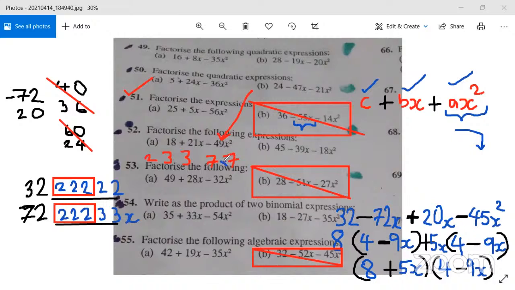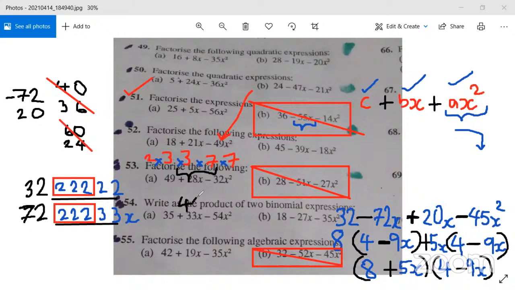So how difficult would it be to find out what gives us this positive 21 right here? Wow, it's right in front of us. Ladies and gentlemen, 3 times 7 is 21. And we also have another 21 times 2, which is 42.